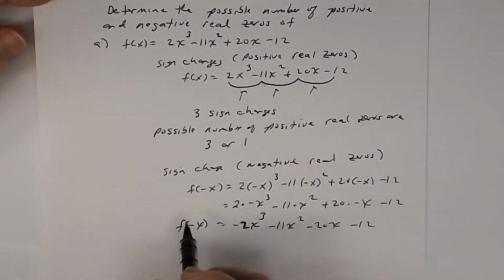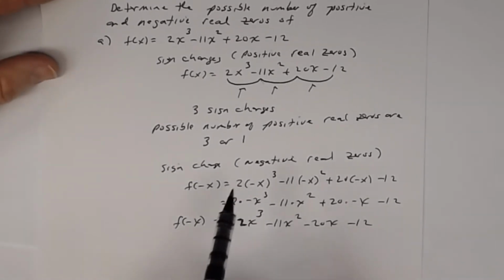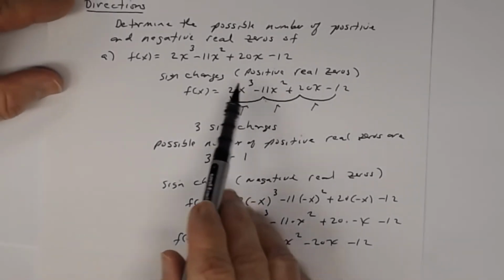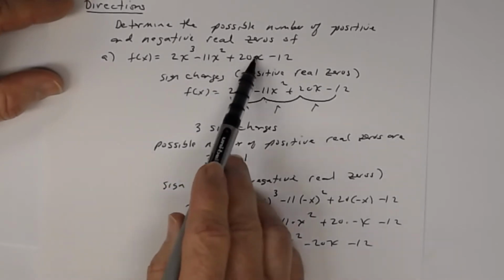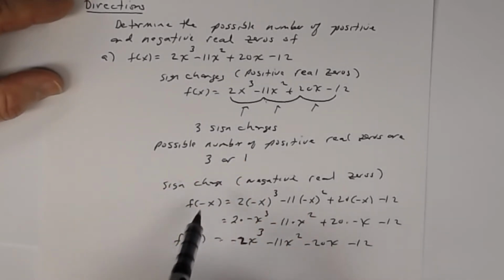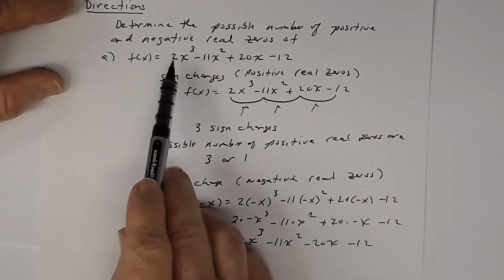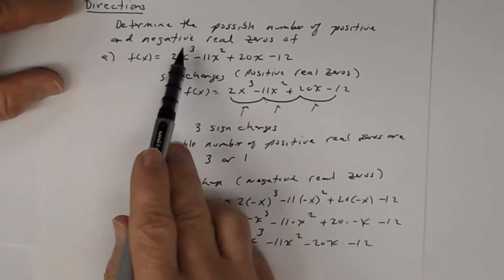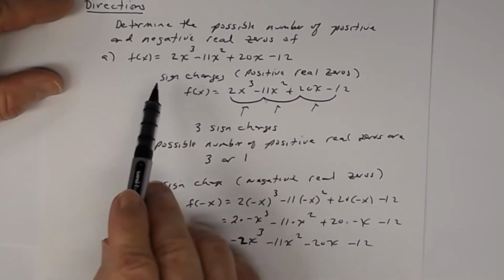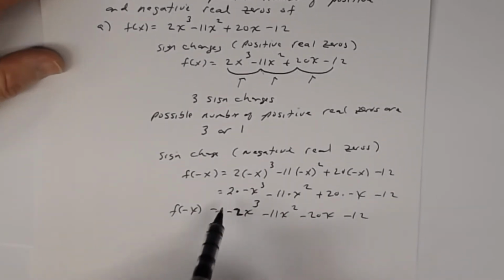Now also listen carefully. Whenever your exponent is odd, whenever you're finding f of negative x, the term with the odd exponent, the sign changes. So 2 becomes what? Negative 2.